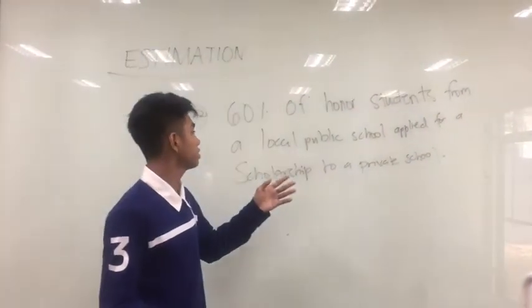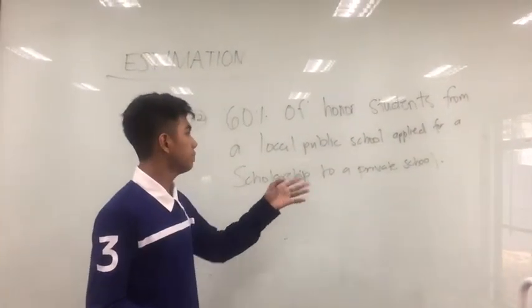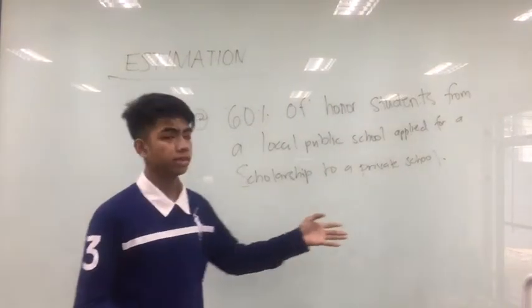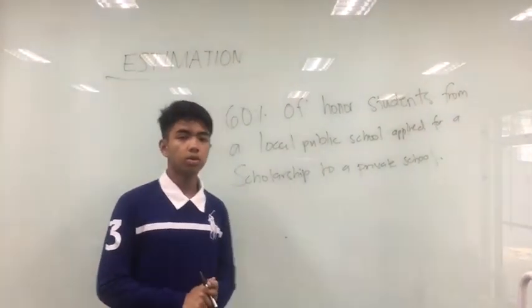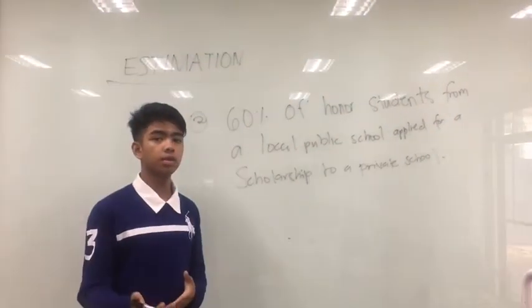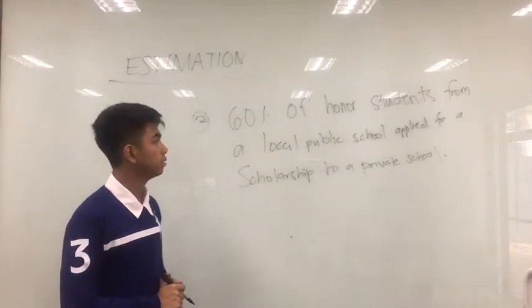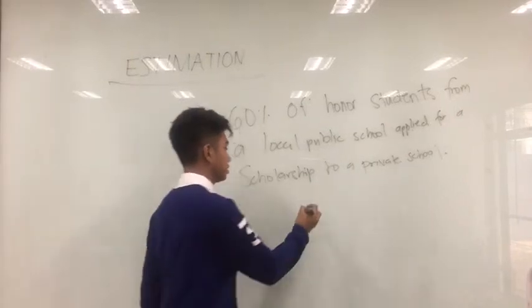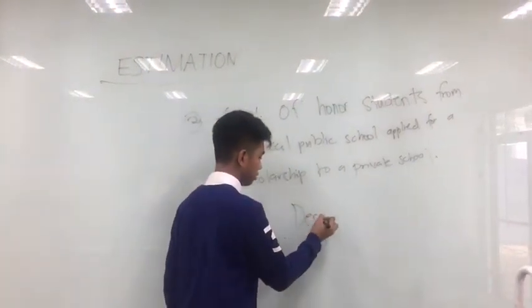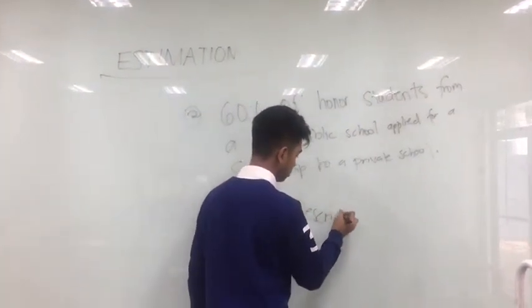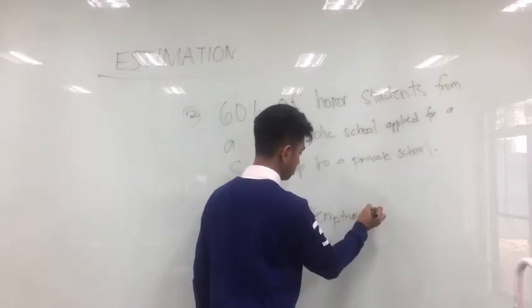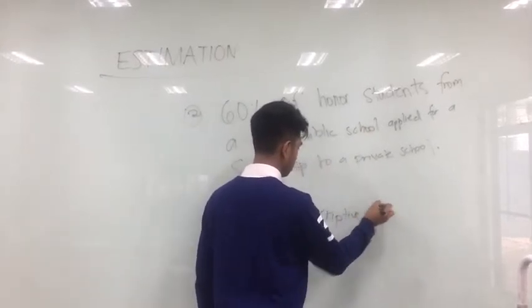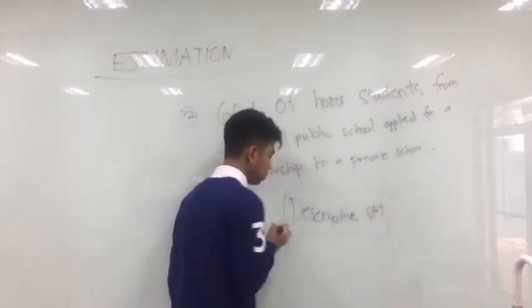60% of all students from a local public school applied for a scholarship to a private school. So what do you think this is? Is it descriptive or inferential? This is descriptive statistics. Why?